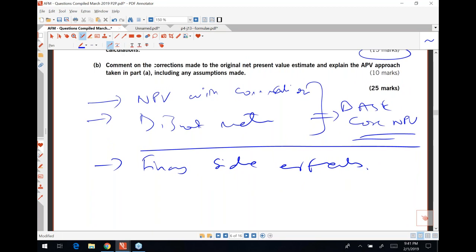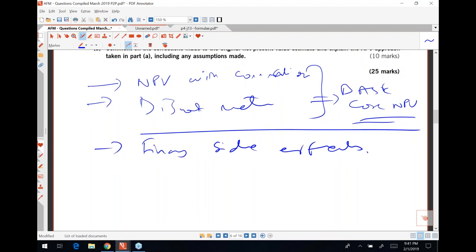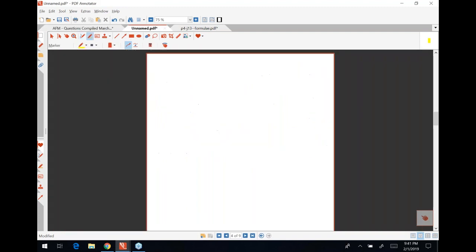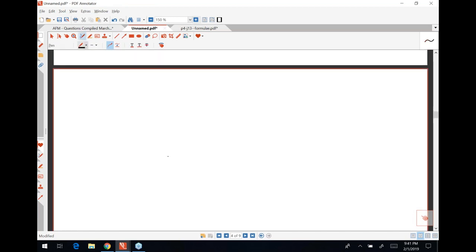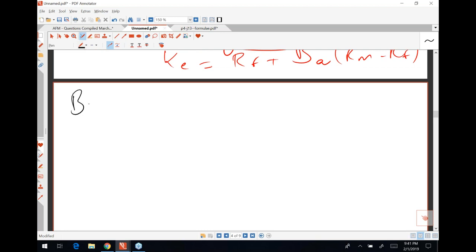It is suggested in the exam that you handle each one of them one by one. The first thing I'm going to do is calculate the discount rate.